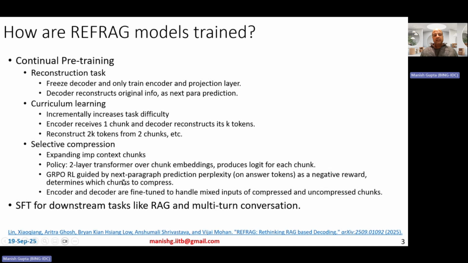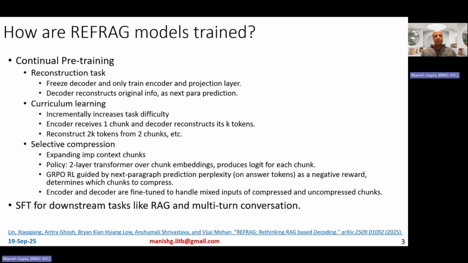Now, the way this RL model is trained is with next paragraph prediction perplexity. Essentially, you take a training sample and figure out, let's say, 20 different combinations where you have fixed a certain percentage of chunks to be expanded.